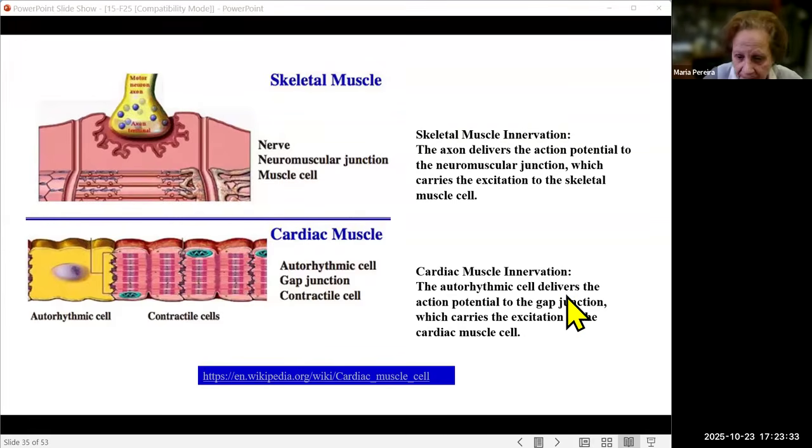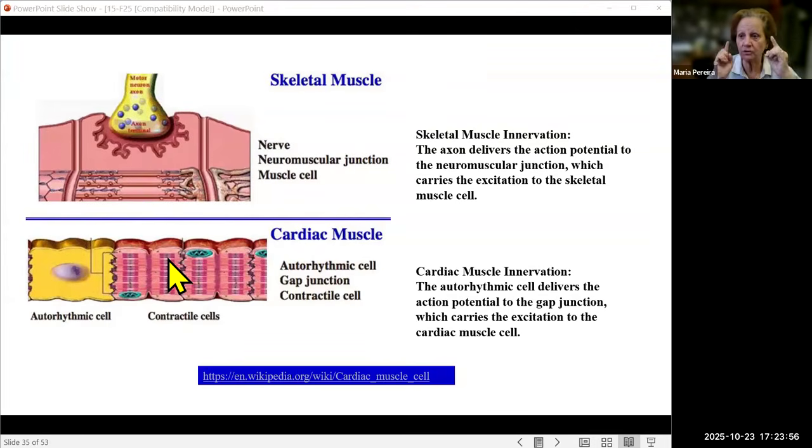So the autorhythmic cell delivers the action potentials to the gap junctions, which carry the excitation to the cardiac muscle cell. So the cardiac muscle cells, these contractile cardiomyocytes, talk to each other through the gap junctions, and this allows them to contract at the same time.